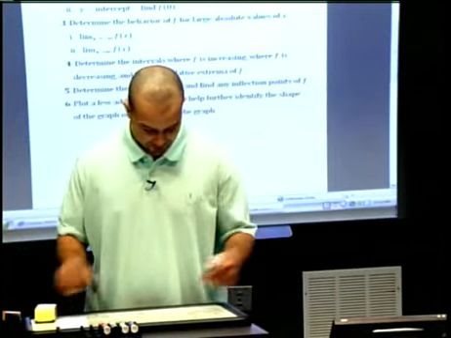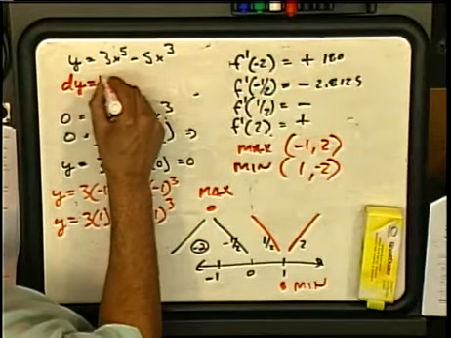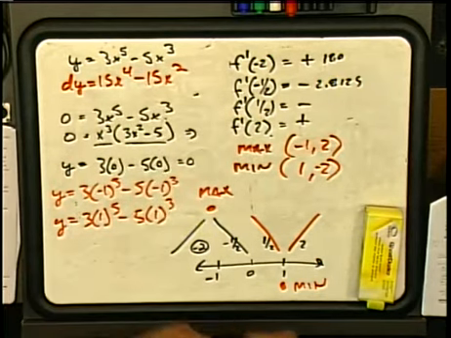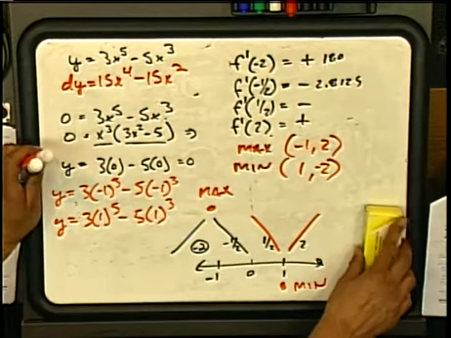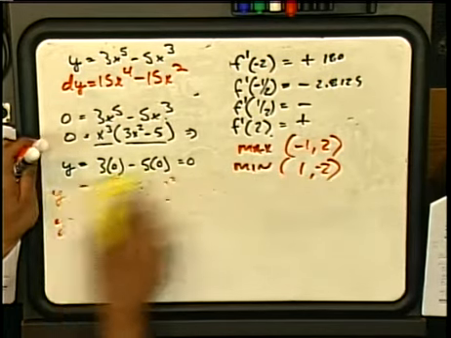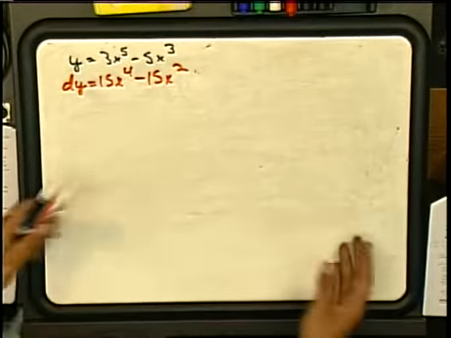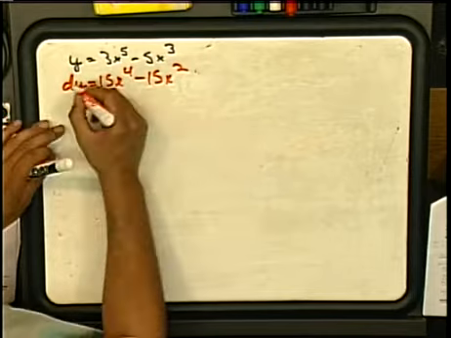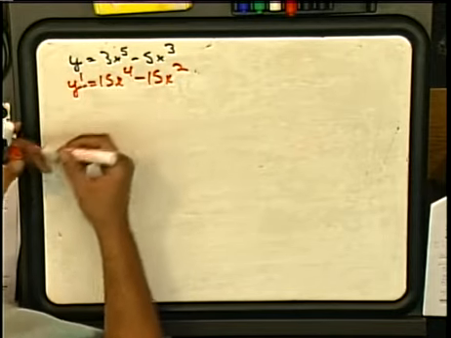I don't have dy/dx. So I'm going to erase all this. It's cool. Same thing as when you were finding the increasing and decreasing. That's y prime.